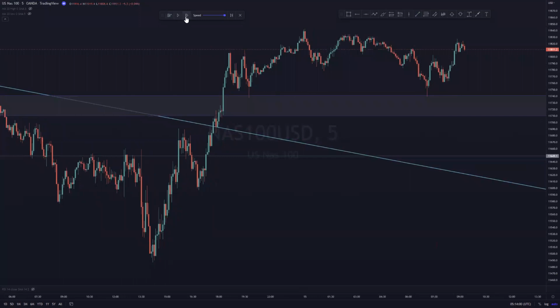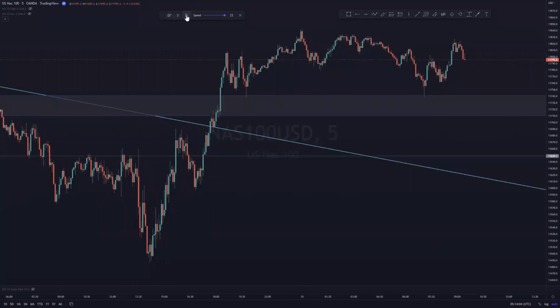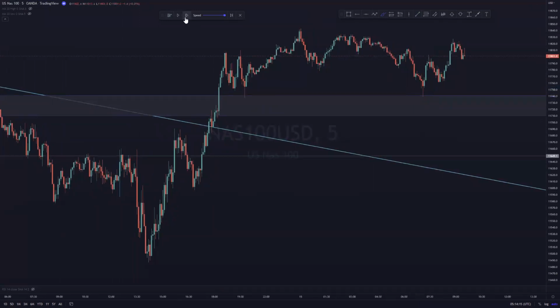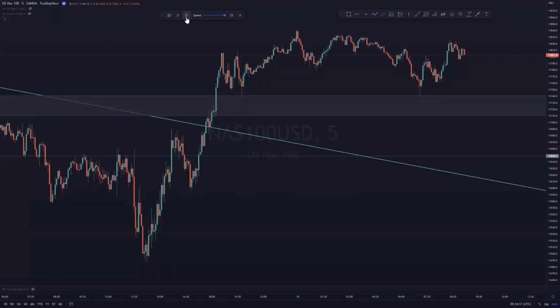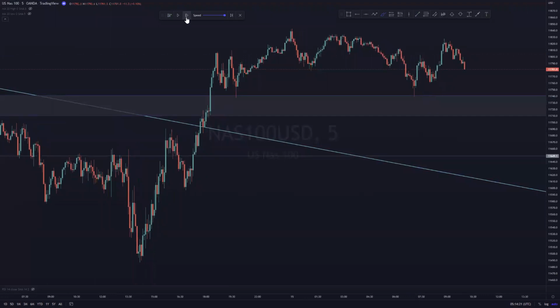So to be sure, we can wait for the other confirmation. We can take this as our third confirmation. But for me, I waited a little longer to get a strong confirmation to buy.